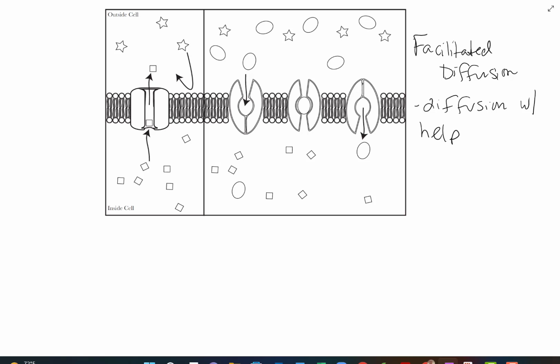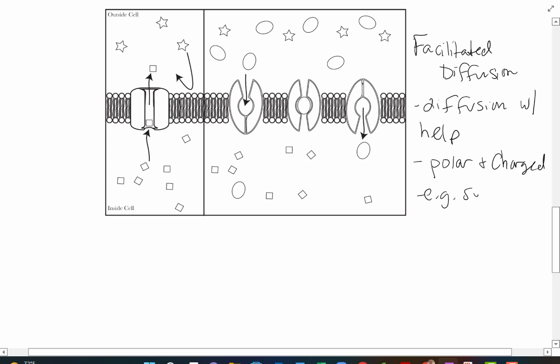So what types of things might need help diffusing from an area of high concentration to low concentration? It's going to be those things that are polar and charged, maybe like a sugar molecule, maybe like some type of ion.